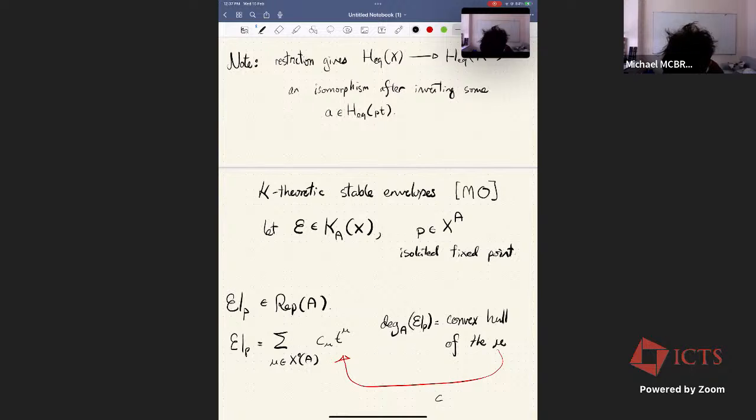This is inside the dual of the Lie algebra, say over R. So this is some notion of how big your restriction is. It generalizes in a loose way the cohomological degree of restriction of an equivariant cohomology class to a fixed point.